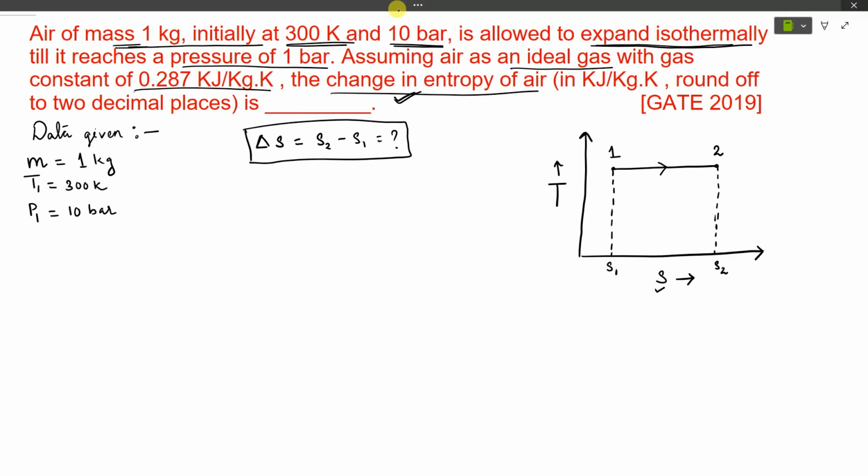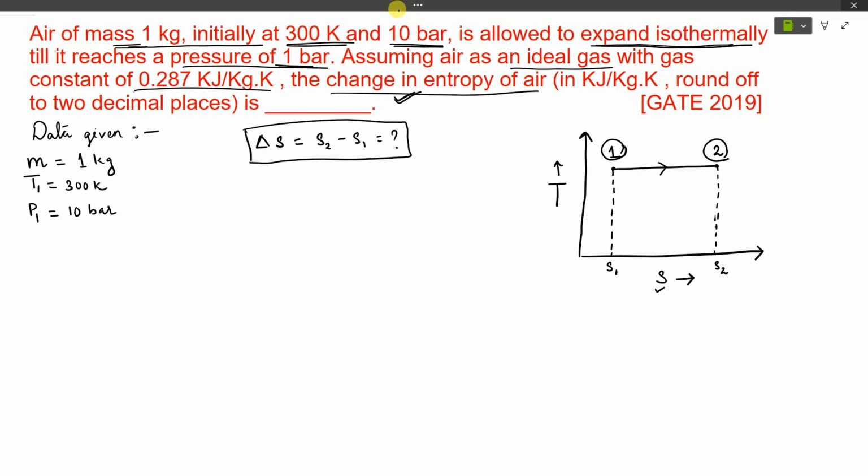Now we have some more data given in the question. The expansion process continues till the pressure of air becomes 1 bar. It means initially at state 1 the pressure is 10 bar, and the expansion process will continue till the pressure becomes 1 bar.